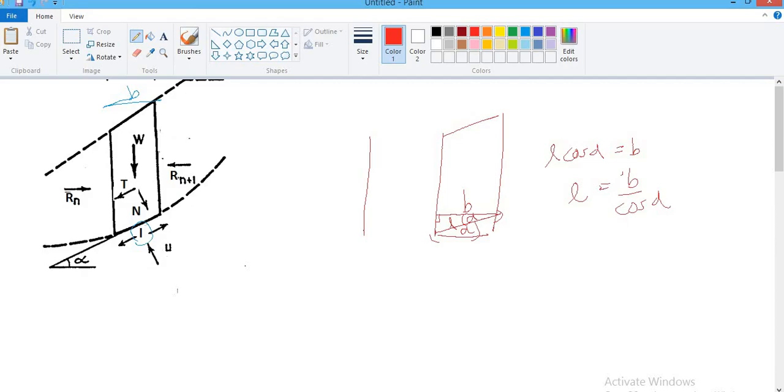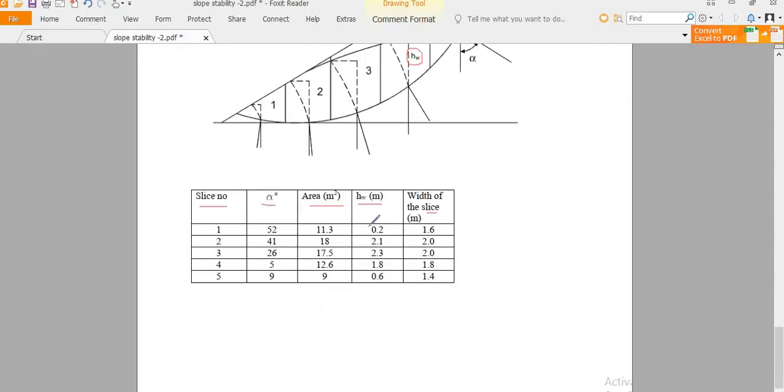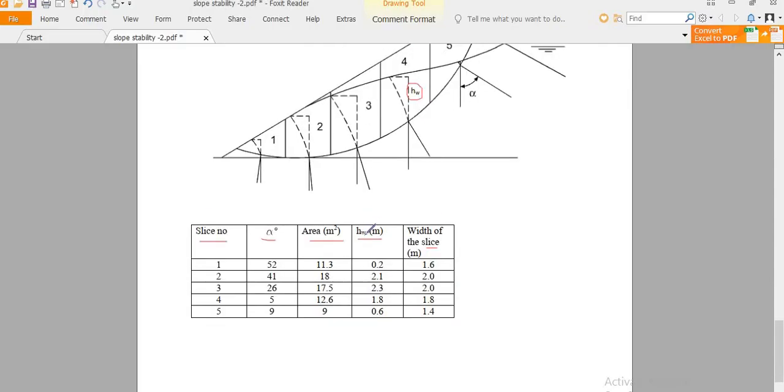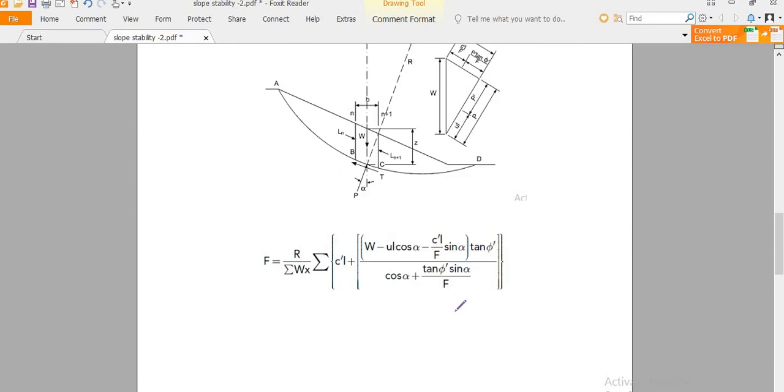You can see HW is given to find U. You can take gamma W as 10 kilonewtons per cubic meter. Again we need to make a table in order to find the respective parts of the equation.